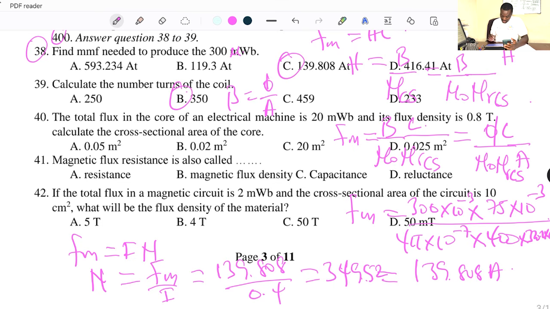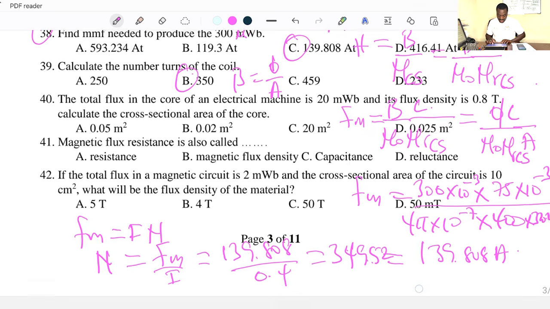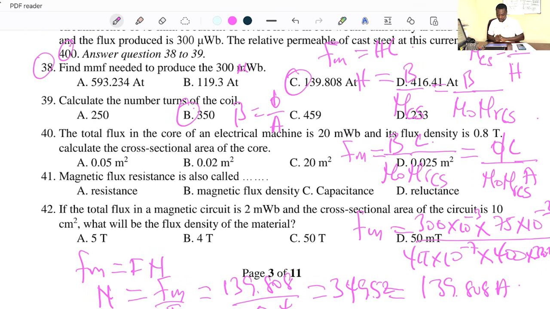So we round this off to get 350 turns. So that is question 39.